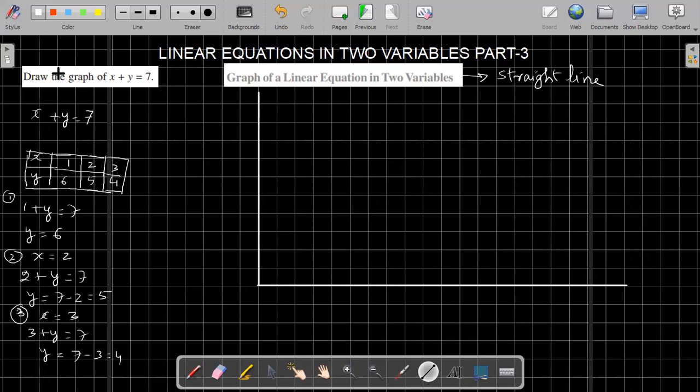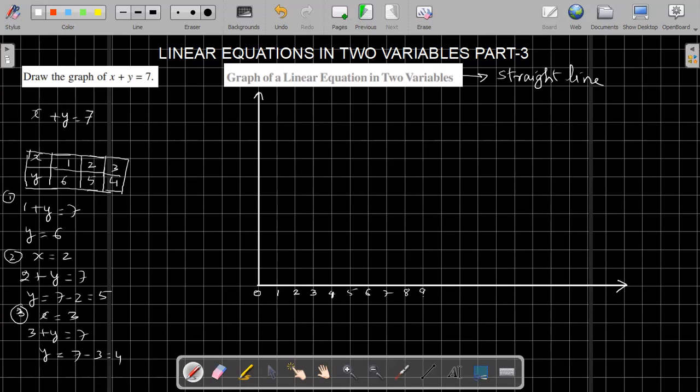On the graph paper, you have to take the x-axis and y-axis, and we have a maximum value of 6, so we should go beyond 6. So we can go up to here also, no problem, whatever length you can take, it is not a problem. But this distance should be the same. This is not a histogram.